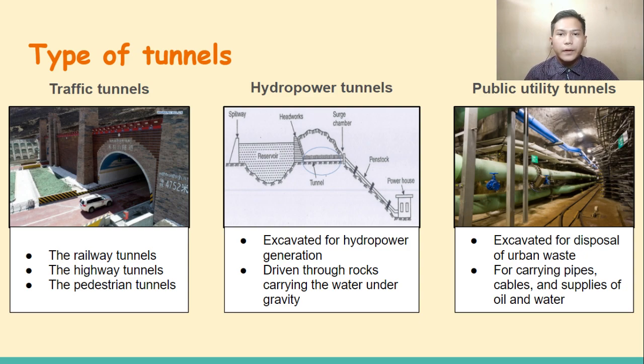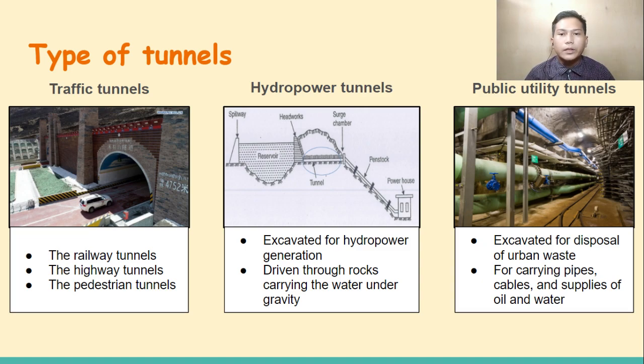Here, I have attached the three basic types of tunnels. The first one is traffic tunnels. From the word traffic, we can identify that it is for the transportation and human access way. Traffic tunnels consist of the railway tunnels, the highway tunnels, and the pedestrian tunnels.